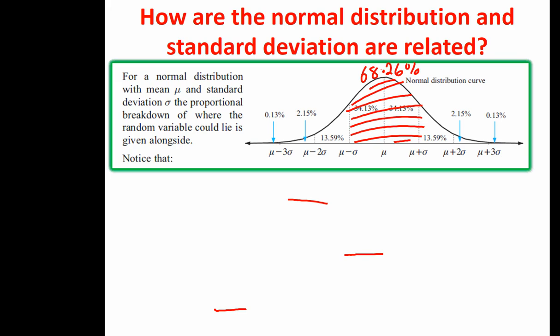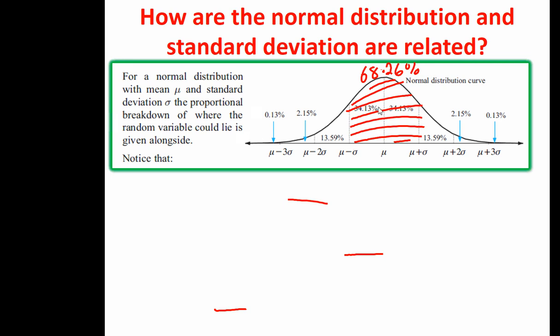Okay, so one little final thought. How are the standard normal distribution and the standard deviation related? This is interesting. For a normal distribution with a mean mu and a standard deviation of sigma, the proportional breakdown of where the random variable could lie is given alongside. In general, you've always got the mean, mu, in the center. The mean plus 1 standard deviation and the mean minus 1 standard deviation, by definition, contain approximately 68% of the data.